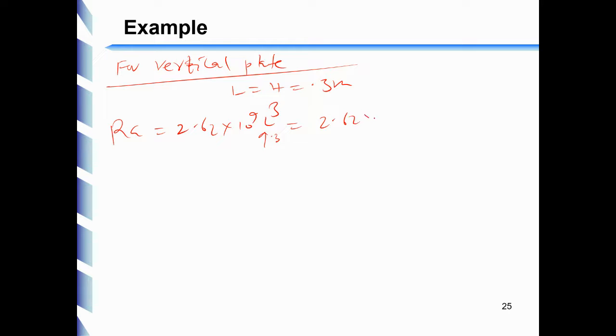So it is less than 10 to the power 9, so it is laminar flow.